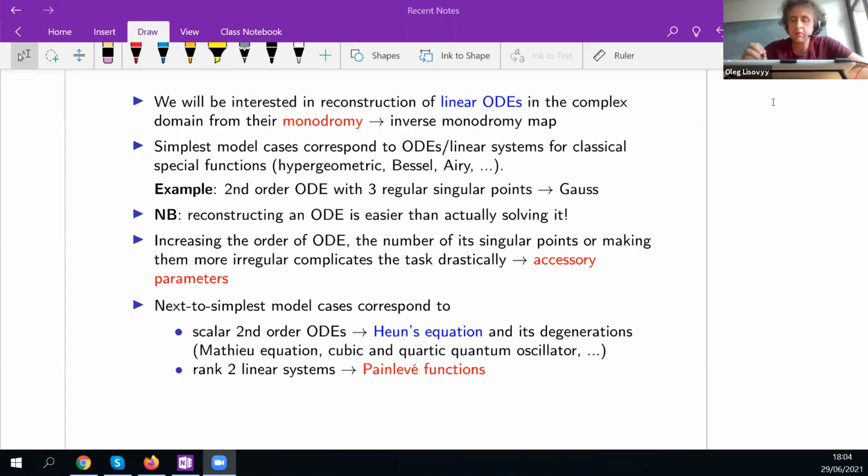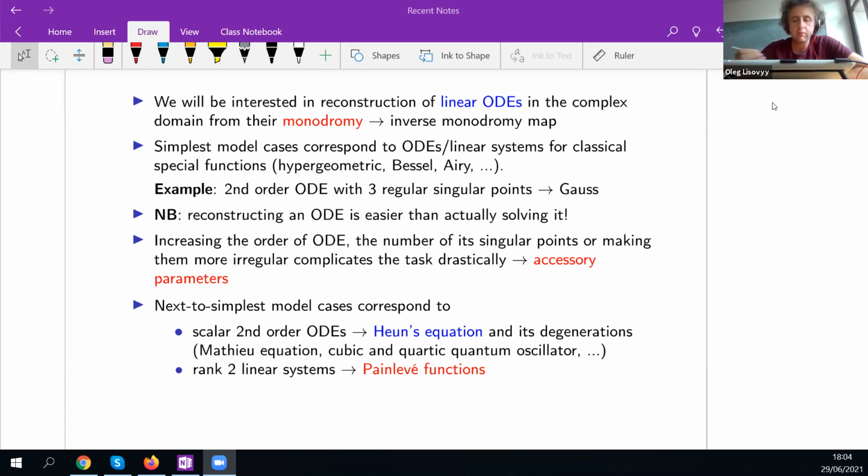Now, from the very beginning, I would like to emphasize one important point: reconstructing an ordinary differential equation is actually an easier problem than solving this equation.